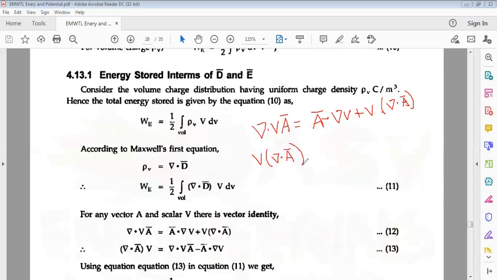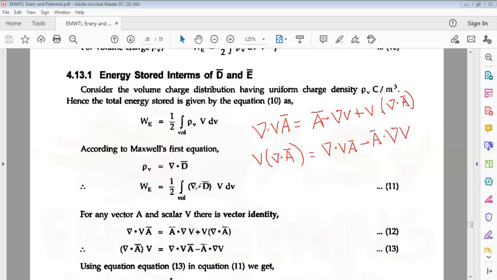So v into del dot a bar is equal to, this is the equation, on the left hand side we have del dot (v a bar) minus a bar dot del v.